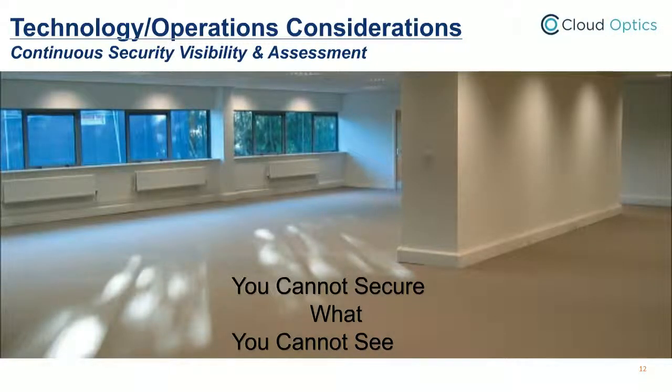What can we do to help customers and stakeholders there? We need to see continuous security and visibility. We know if we cannot see, we cannot secure. So that's the first key area, where visibility is the key here, and that has to be on a continuous basis.